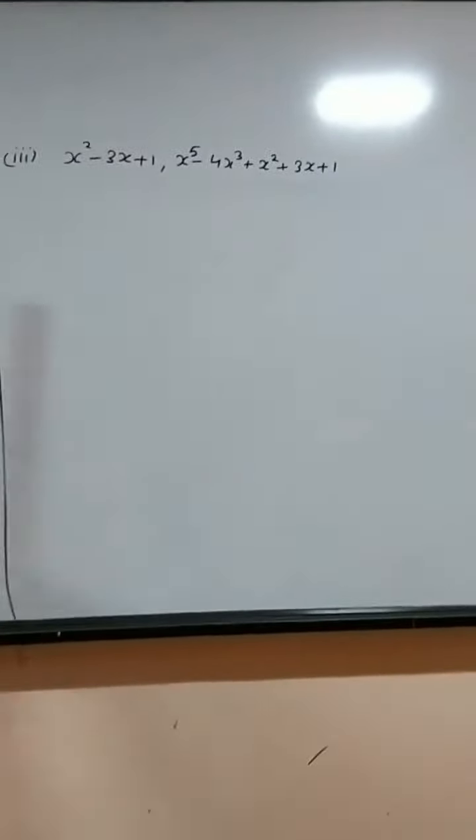Which is the px here? This is px, its degree is 1. Degree of px is 1. And what is qx? This is qx. So px is 3x plus 15 and its degree is 1.